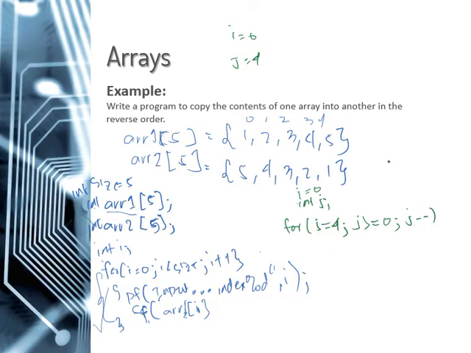Now, what we will do is we will put the values. Sundan na to ang value ni array 2. So, array 2, sa iyahang index j, mabutang ang value ni array 1 sa index I.